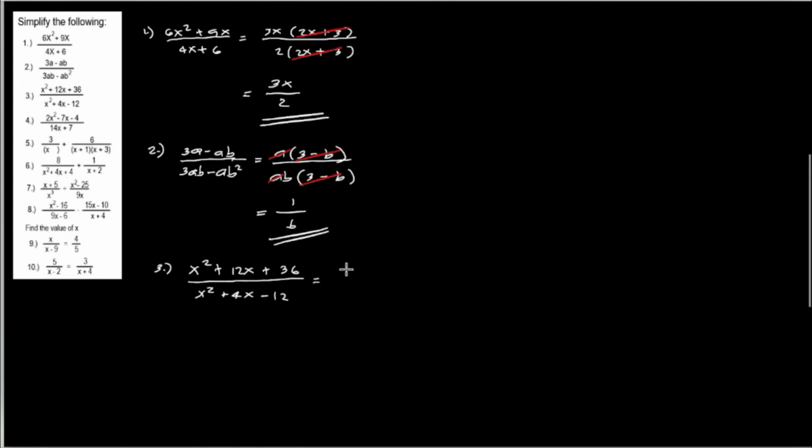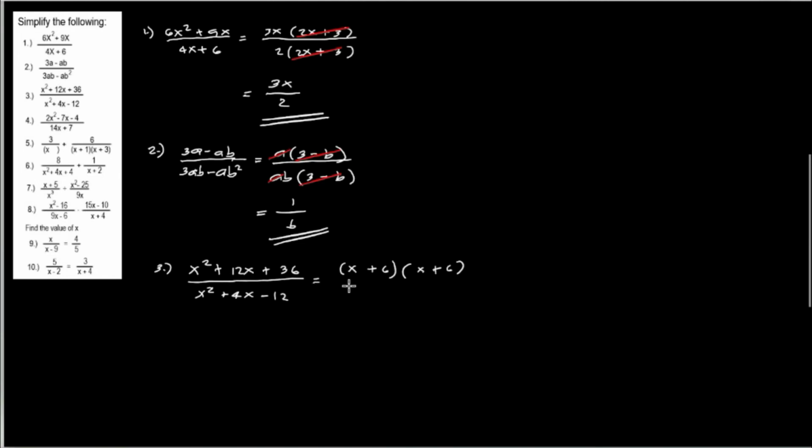So for 36, try x plus 6 and also x plus 6: 6 times 6 is 36, and the sign is positive. Based on the FOIL method, if we add up x times 6, or 6x, and also the inside term, 6 times x, that's 6x, so 6x plus 6x is 12x.